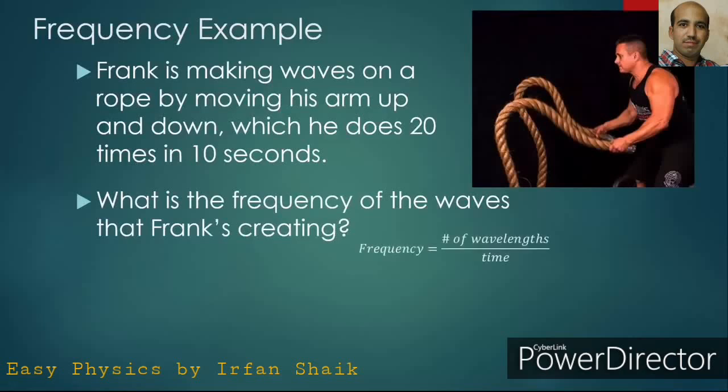We know the formula for frequency, that is, frequency is equal to number of wavelengths divided by time. As per the problem, he is creating 20 oscillations in 10 seconds. So the frequency is equal to 20 divided by 10. So the frequency is 2 oscillations per second or 2 hertz.